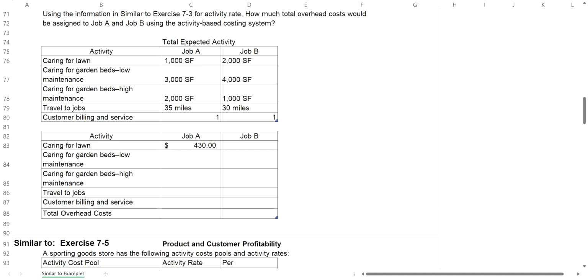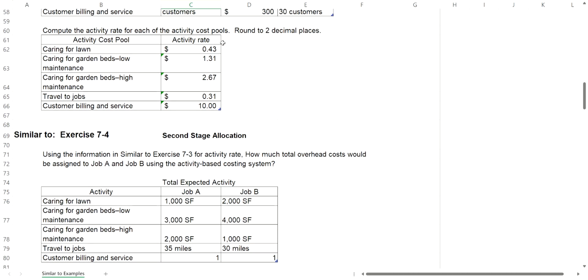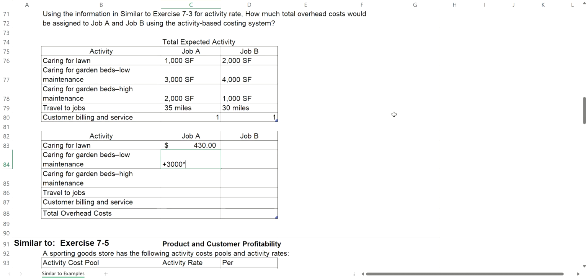Okay, I'm going to continue on with job A. For the caring for garden beds low maintenance, I will take that activity, which is 3,000 square feet, times the activity rate of $1.31.